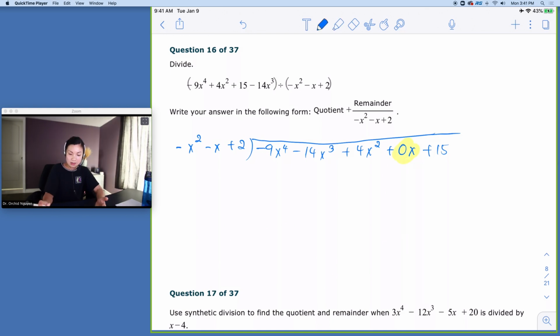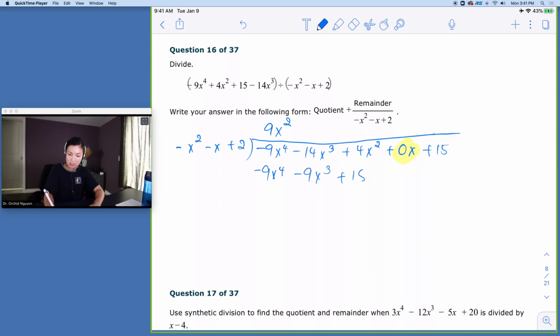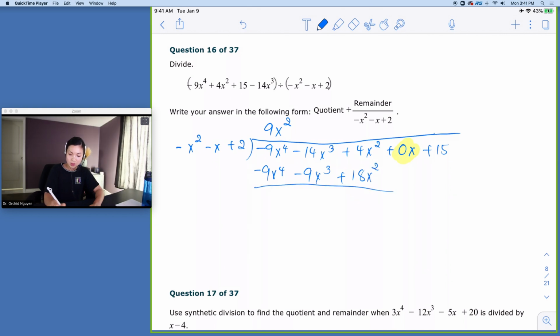All right, same thing. I have 9x squared. So we multiply, we get negative 9x to the 4th minus 9x cubed plus 18x squared. You subtract, 0.